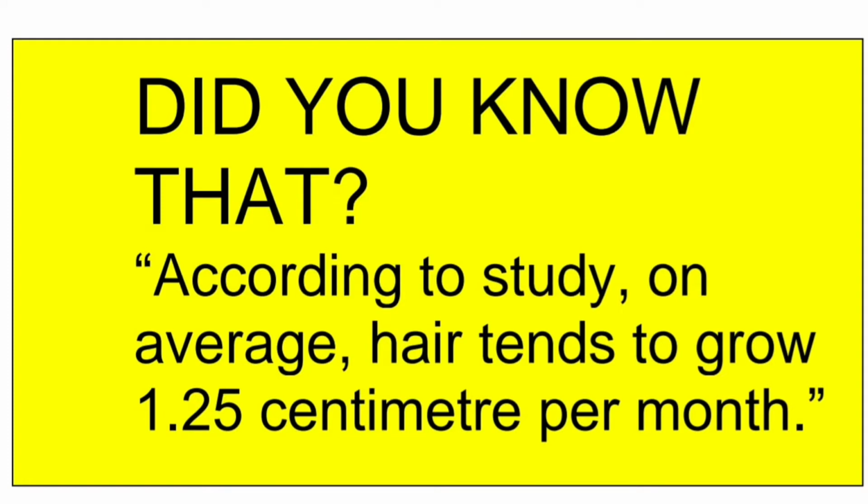Class, did you know that, according to a study, on average, hair tends to grow 1.25 centimeters per month? Did you know that? Okay, so now you know. So let's take a look at the given decimal, which is 1.25.